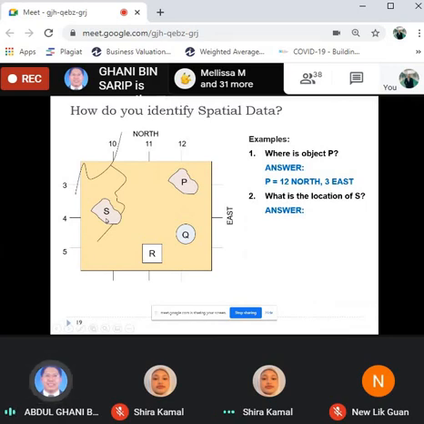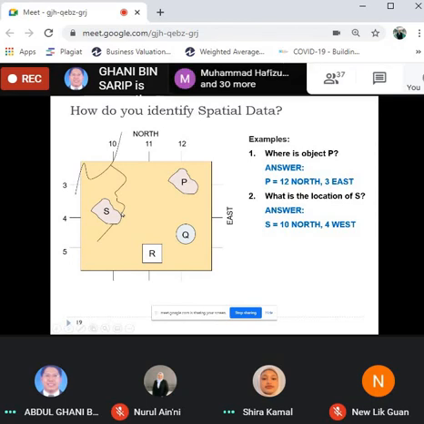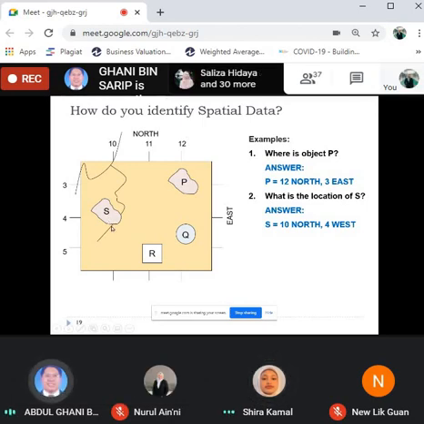Although we don't name this side west, we know it is actually west. So 4 west, because on the left of the north is west.